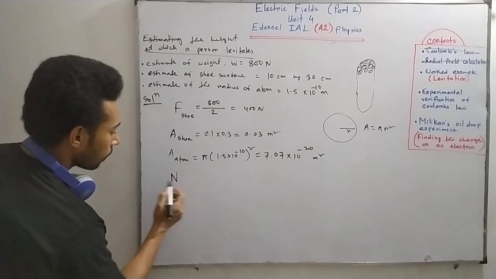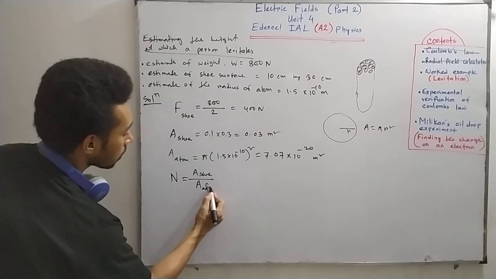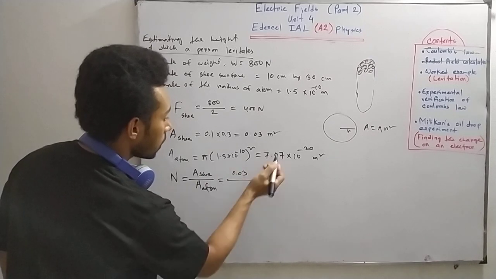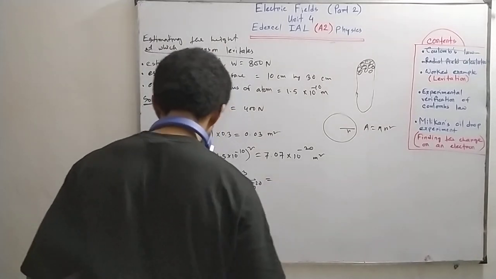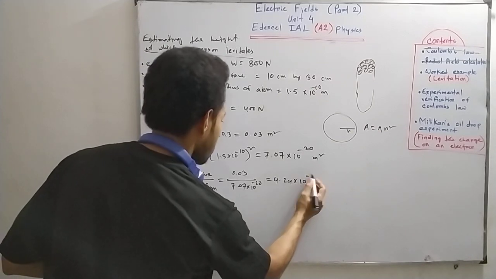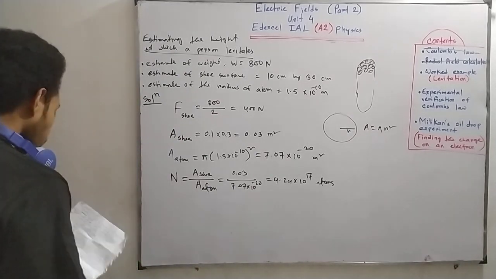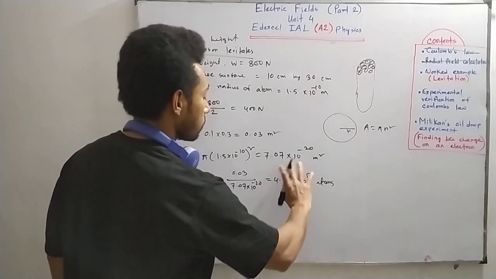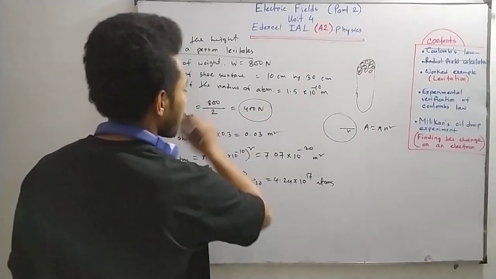So the number of atoms will be area of shoe divided by area of one atom, and this will be 0.03 divided by 7.07 into 10 to the power minus 20, and this gives 4.24 into 10 to the power 17 atoms. These atoms are supporting the force of 400 Newton.